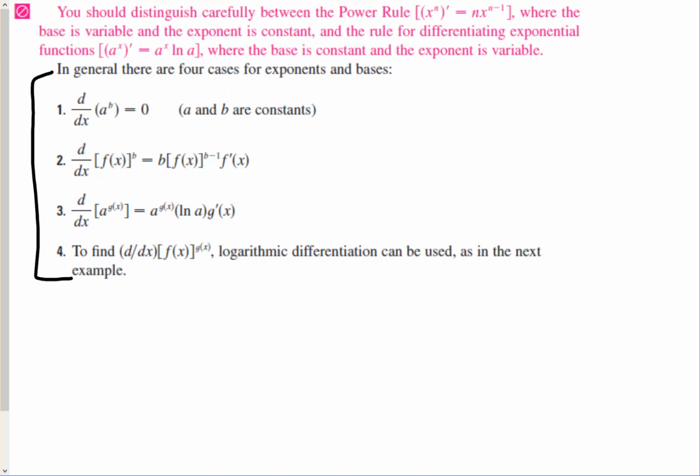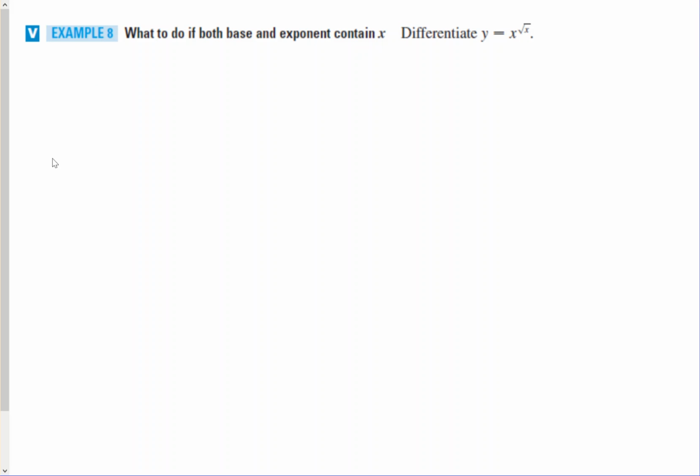Let's do another problem. Differentiate y equals x to the square root of x power.